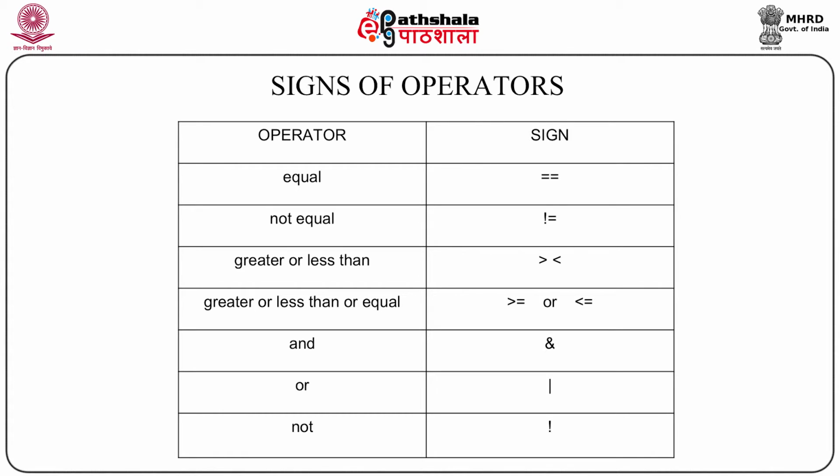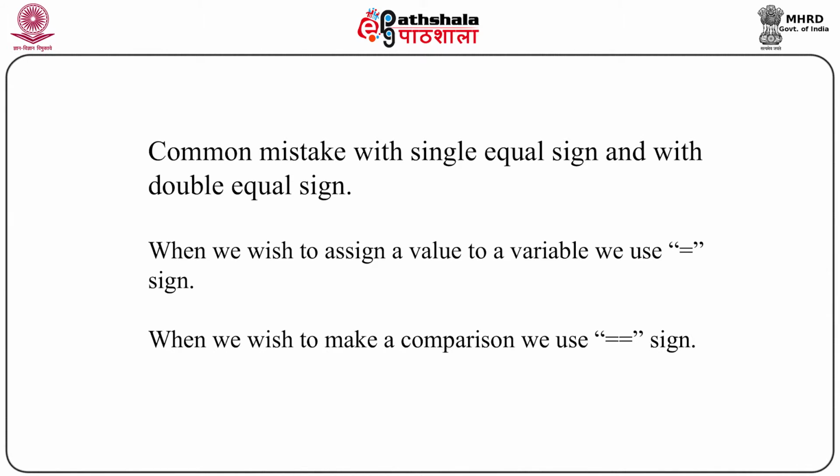Here are some of the operator signs that we often use. We use the double equal sign when we want to say equal. One of the most common programming mistakes one can make is to confuse the equal sign with the double equal sign. When we wish to assign a value to a variable, we use the equal sign.